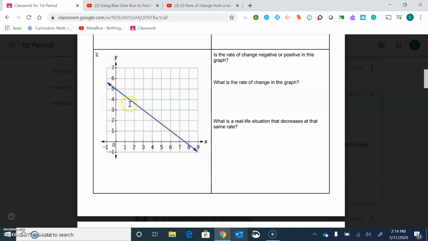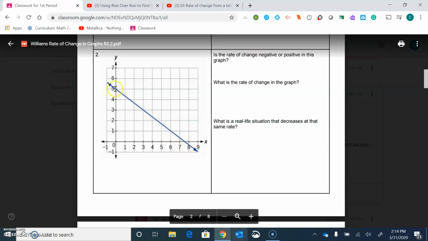This isn't. So you find 2 points, which in this case should be, I see one here at 0, 5, and I see another one here at 3, 3. So 0, 5, and 3, 3. Now, if you see another point like 6, 1 is also a point, you can just use that point. You can use 3, 3, and 6, 1. It really doesn't matter so long as you choose 2 points on this line, and then you can do the rise over the run.